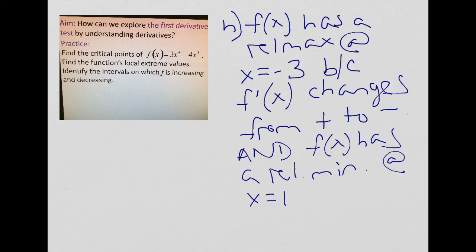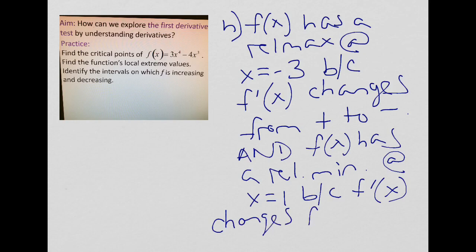All right? So it's at x equals 1 because f prime of x changes from negative to positive. So our function was decreasing then increasing. That gives us a relative minimum.